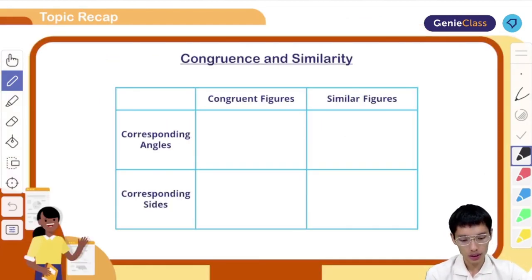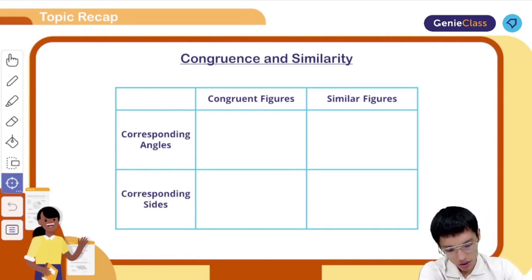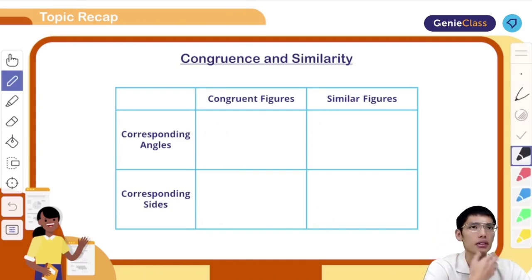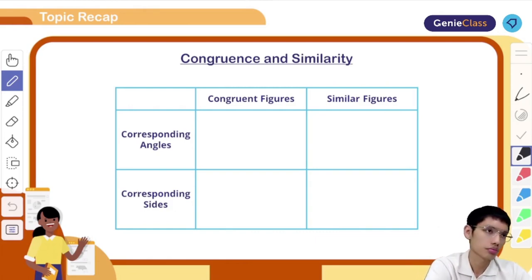So let's look at congruent figures. For congruent figures, does anybody know what the corresponding angles have to be? Can anybody tell me? I'll just wait for a while.